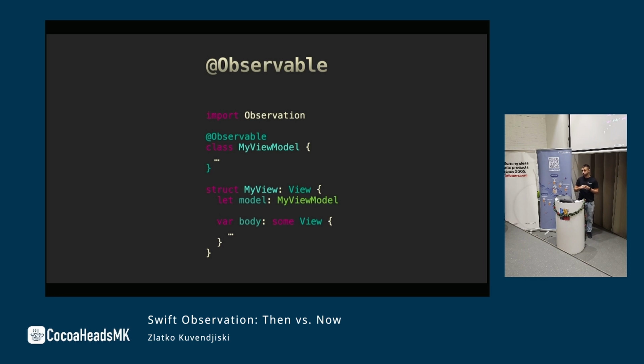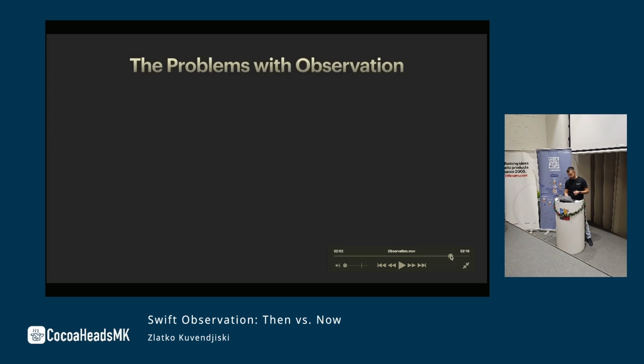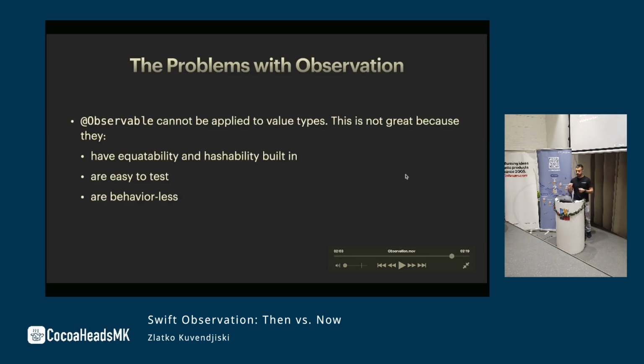A lot of times, you want to use structures to model, let's say, the employee, because I'm going to return now to this point. Value type structures have equatability and hashability built in.